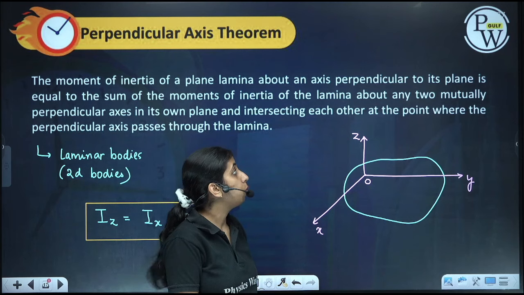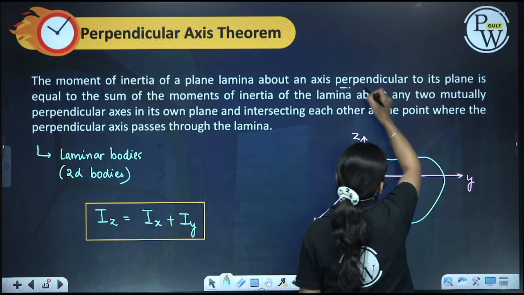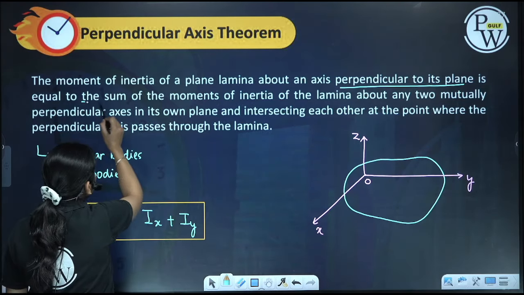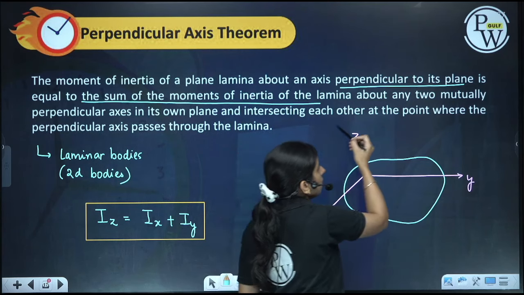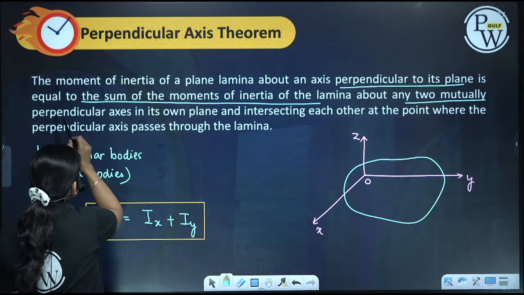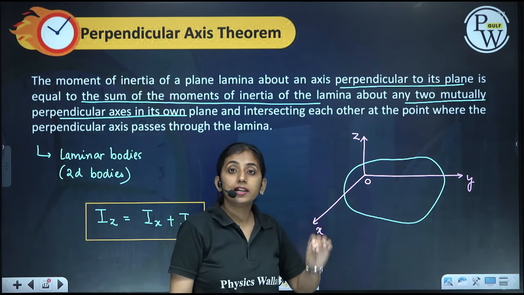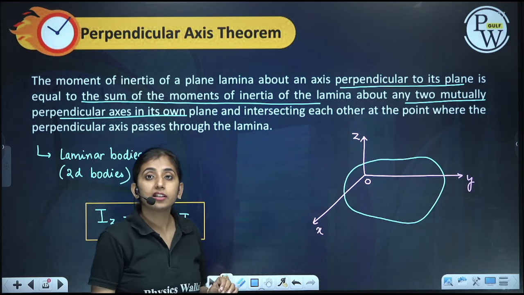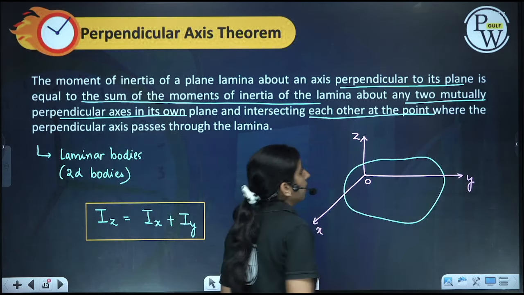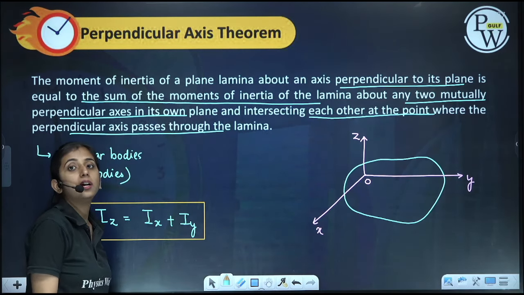So the moment of inertia of a lamina about any axis perpendicular to the plane is equal to the sum of the moments of inertia of the lamina about any two mutually perpendicular axes lying in the plane, and all these three must intersect each other at the point where the perpendicular axis passes through the lamina.